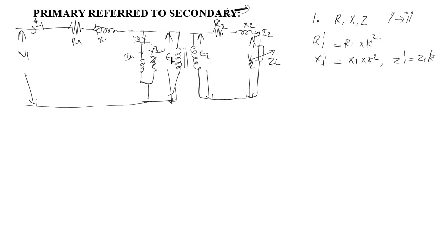Okay, and if we transfer the currents from the primary side to the secondary side, the primary current is I1. When it is transferred to the secondary, it is known as I1 dash, which is equal to I1 divided by K. Similarly, the voltage present at the primary side is V1.